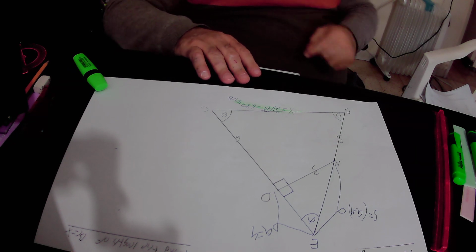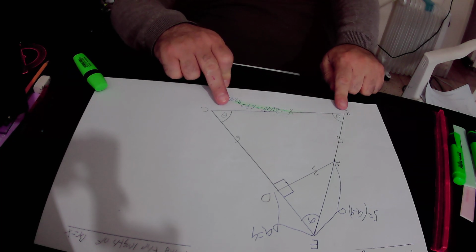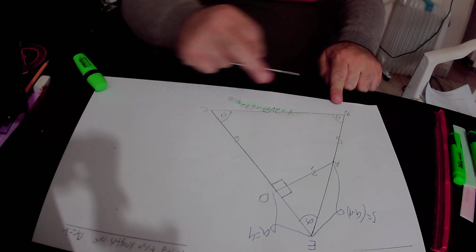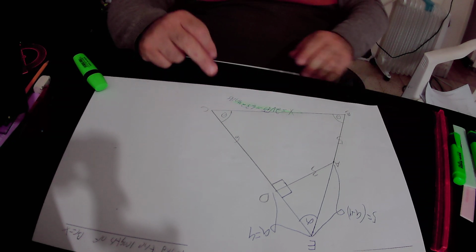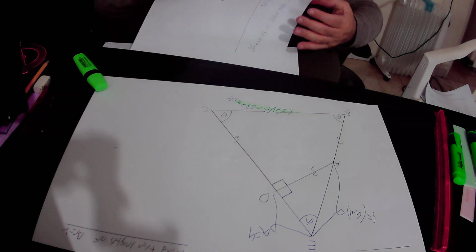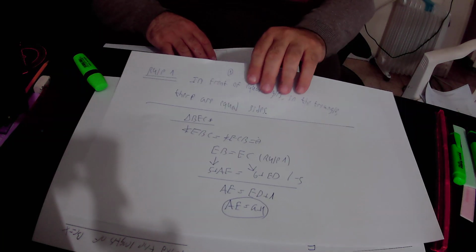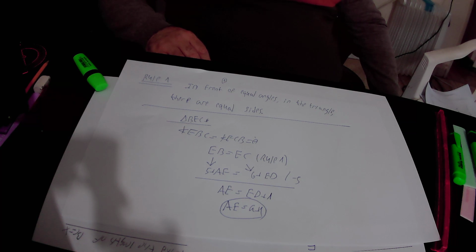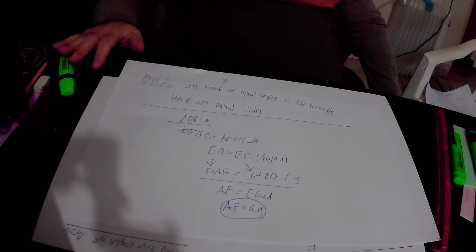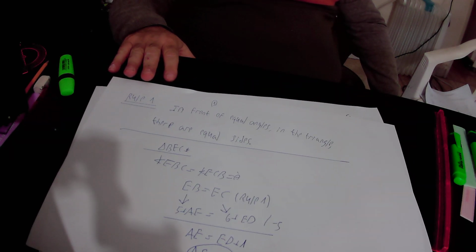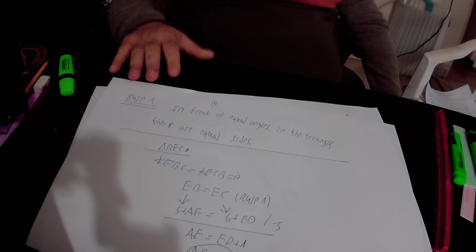In this triangle we have two angles that are equal to each other. They are both angle ABC, equals angle EBC, equals angle ECB, equals theta. And we have rule number 1 that is related to a triangle that has two equal angles inside it. In front of equal angles in the triangle, there are equal sides.